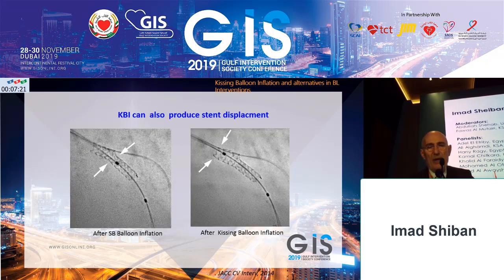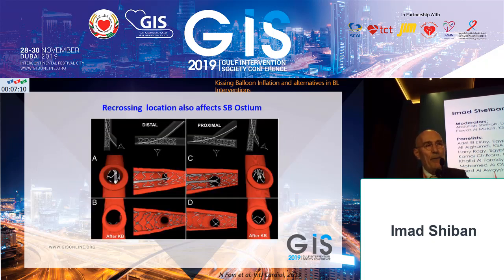Now, if you look here, after kissing balloon, you see that there is some deformation of the stent and some malapposition in the proximal part of the stent. It depends on the location of the wire to side branch crossing.